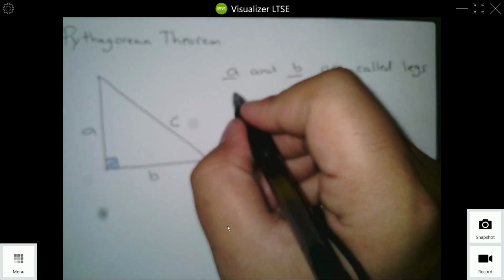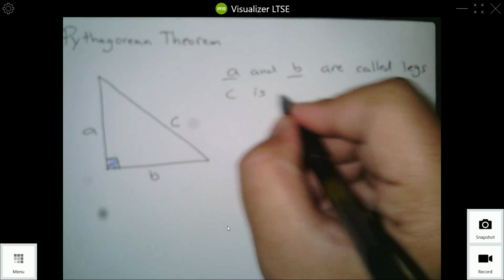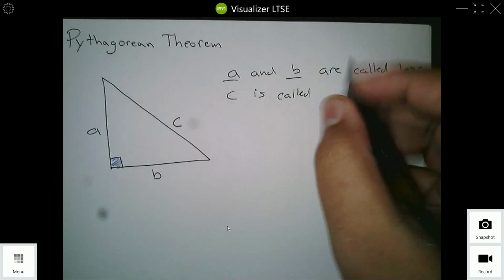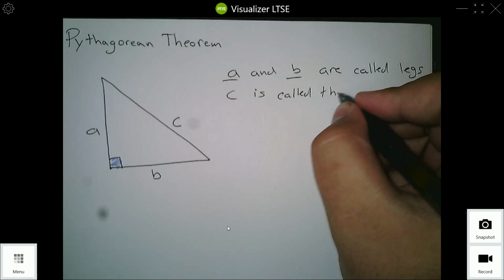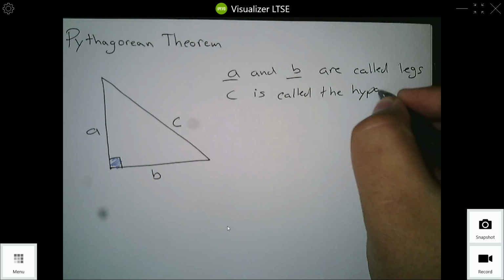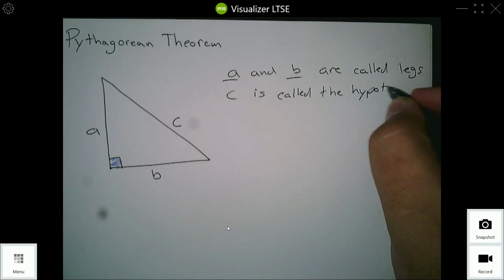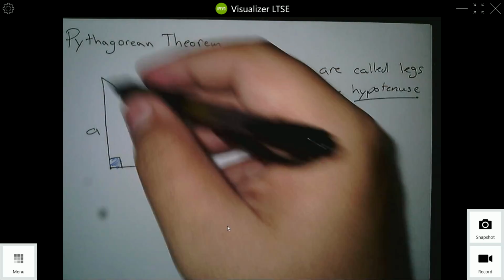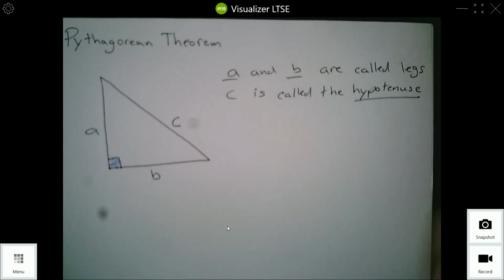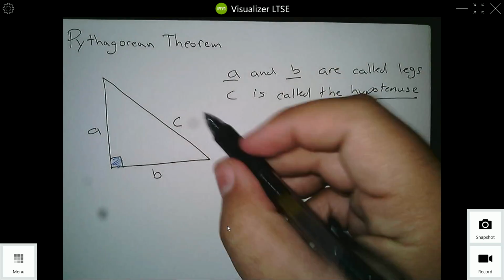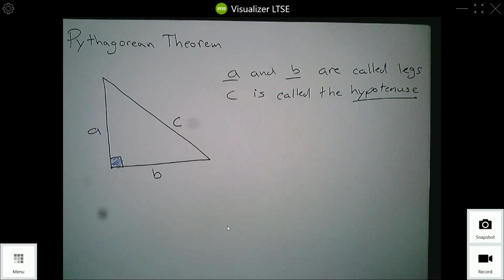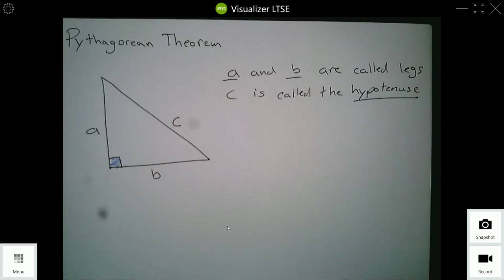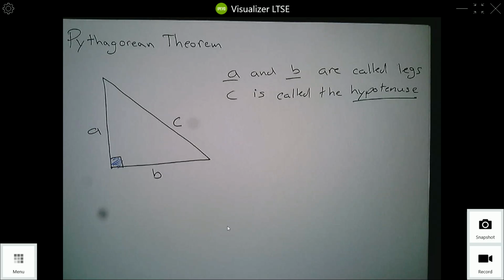C is what we call the hypotenuse, and that's always the longest side, and it's always going to be positive. There's no way C can ever be negative, and I guess we really won't get into that much, but for other people that are looking at this, C is always a positive number.